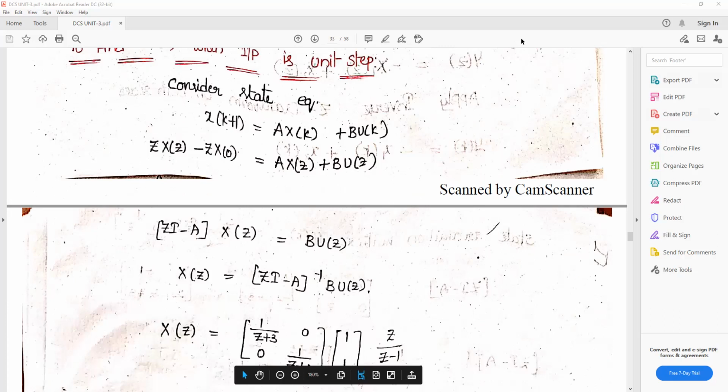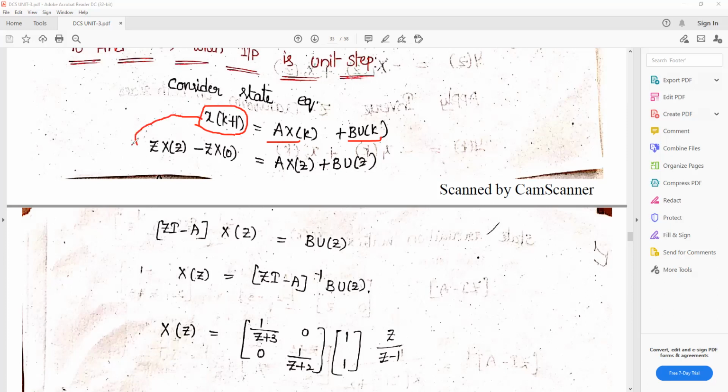Consider the state equation. What is the formula? X dash, meaning x of k plus 1, equals Ax plus Bu. Converting to the z domain: z into x of z minus z into x(0) equals A into x of z plus B into u of z.